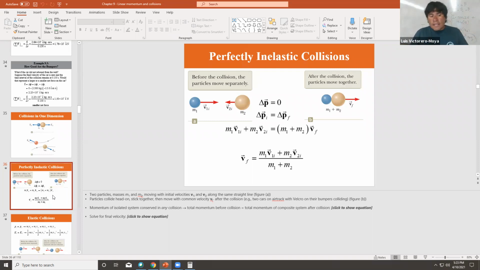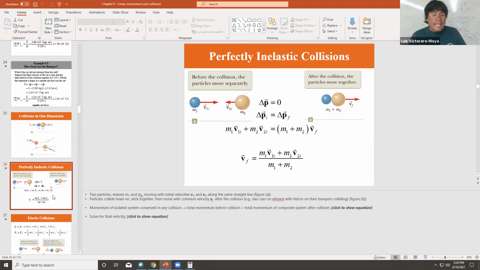Now, this applies to any sort of collision. What you're seeing right now is what we call a totally or perfectly inelastic collision. The major characteristic of that collision is that the bodies stick together after the collision. And we're going to be doing quite a few exercises like that. But that's not the only type of collision.